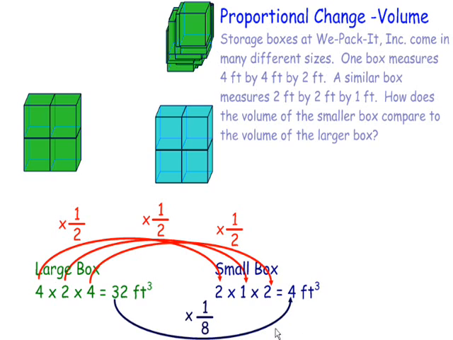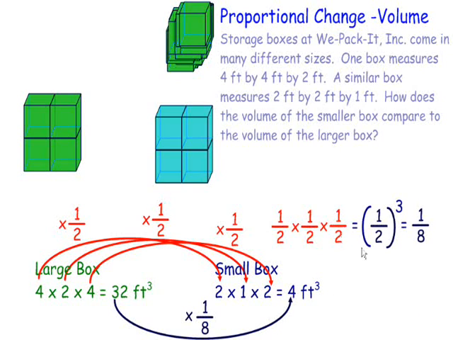But another way to get 1/8 is to multiply 1/2 times 1/2 times 1/2. That is the same as 1/2 to the third power, because you're using 1/2 as a factor 3 times. 2 times 2 times 2 is 8, and 1 times 1 times 1 is 1.